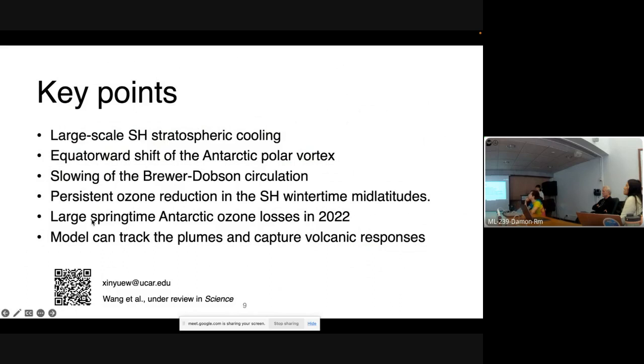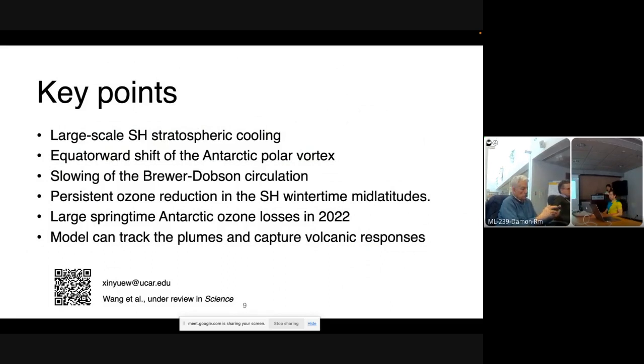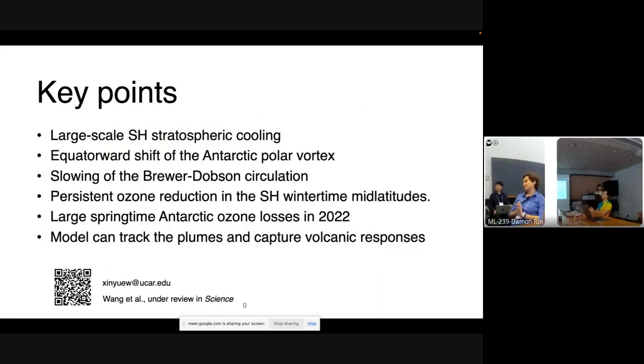But we also see a bigger ozone hole last year, and that's mainly due to the sulfur aerosol following the Tonga volcanic eruption. What's more important is that our model can capture the volcanic plumes quite well, and we can reproduce this observed anomaly also quite well, which suggests that the anomaly we see is a fingerprint of response due to the volcanic influence. Thank you for your attention, and I'm happy to take your questions.